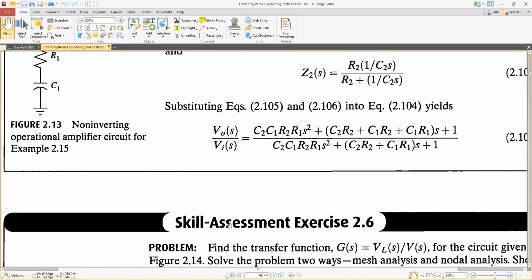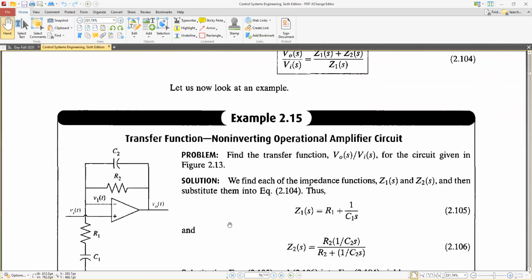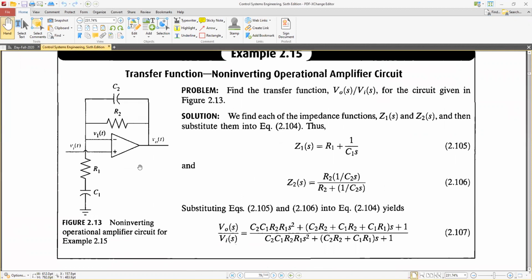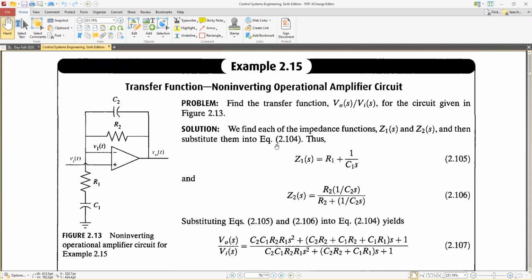So remember, instead of this kind of symbolic problem, we can use direct values. I can give you the value of C1 and the value of R1, and C2, R2, like this.